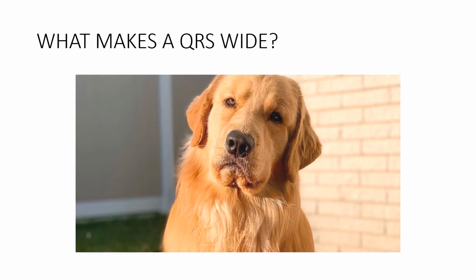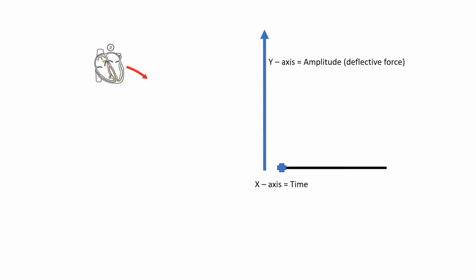Next, we're going to talk about things that can make a QRS appear wide. Here, I have a normal ECG. The sinoatrial node depolarizes and sends a depolarizing stimulus through the atria. When the atria depolarize, ions moving through those membranes, aka current, generates a force that deflects and creates my P wave.